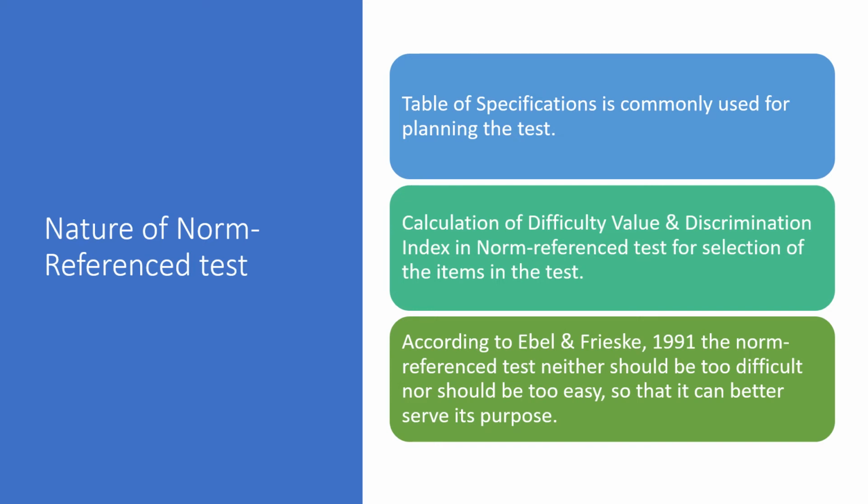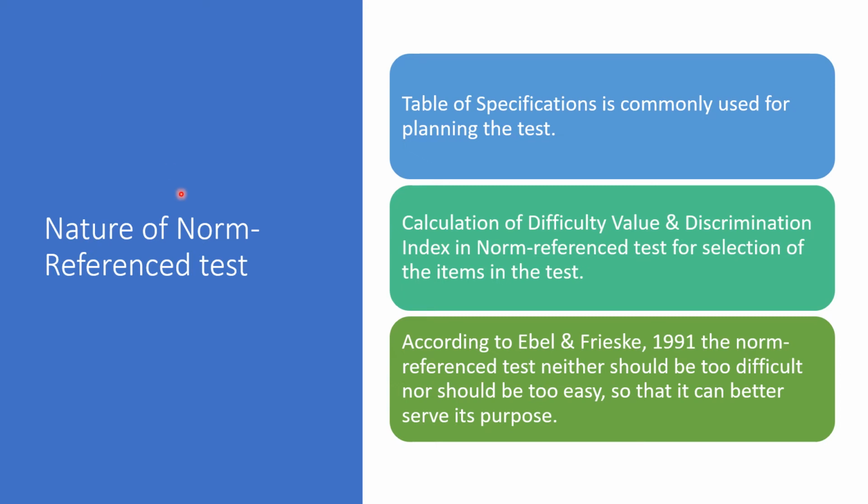Now, nature of norm reference test. We can interpret any test scores in norm reference ways or criterion referenced ways, but it will be better if we design a test specifically for the norm reference interpretation. It will be more meaningful and useful, and it will be a norm reference test.